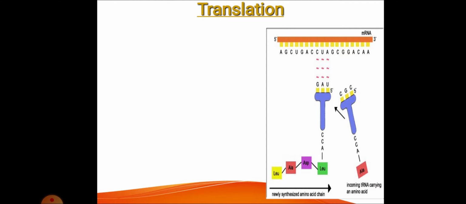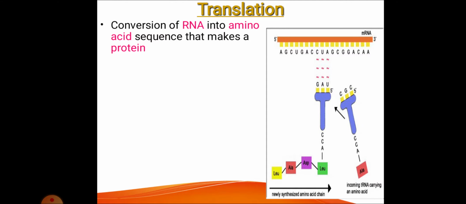Instead, what we can confidently say is that it always encodes a polypeptide, or chain of amino acids. Always remember that translation is a conversion of RNA into an amino acid sequence that makes protein.